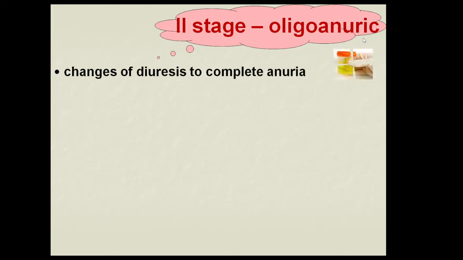If unconscious, the doctor will see that the diuresis progressively decreases, first negative, then oliguria, less than half a liter per day, and complete anuria.